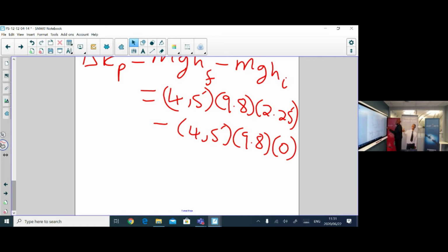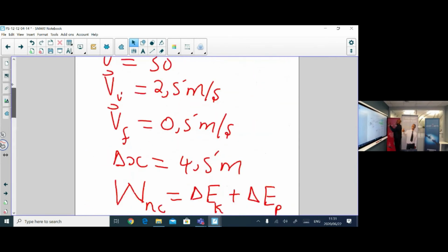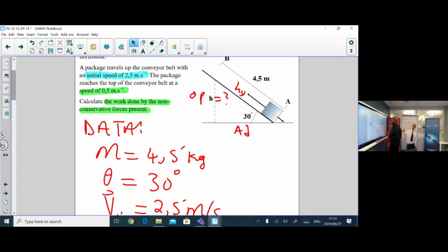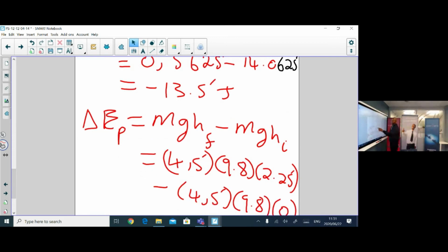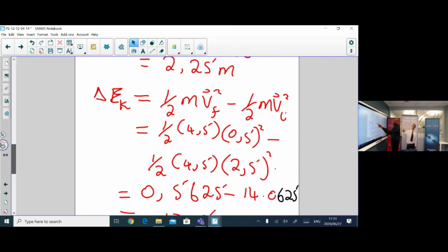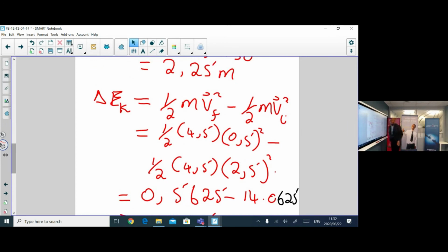In order for you to understand this, when I say final, it is at B. My final height is represented by h sub B, and my initial height is represented by h sub capital A. If you are lost here, just say if your final is B, your initial is A. The same applies to kinetic energy: this final is B, this one is A.